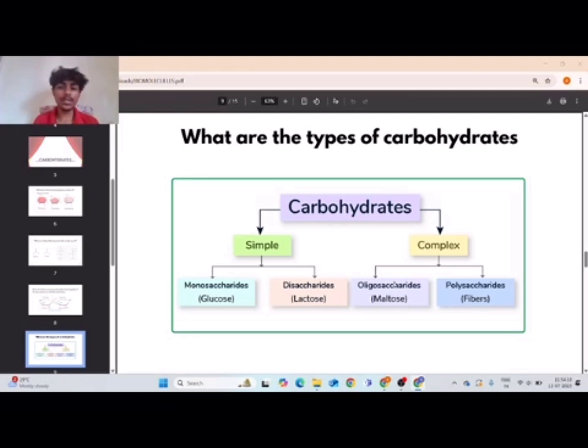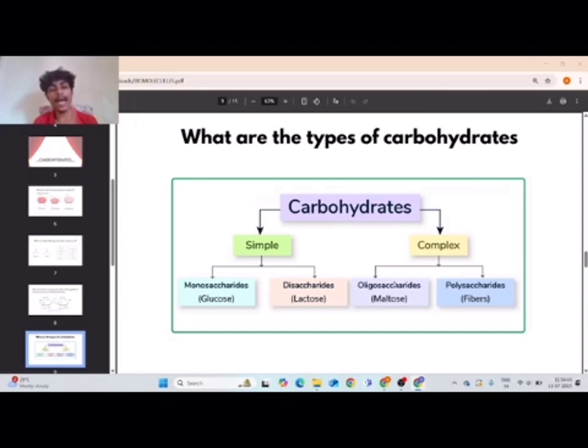The general structure of a monosaccharide is usually CH2O multiplied by n, where n can range from 3 to 7 depending on the compound. Multiple popular examples are present for monosaccharides, for example glucose, which is the primary source of energy for most living organisms, fructose, galactose, ribose and deoxyribose, which are present in DNA and RNA.